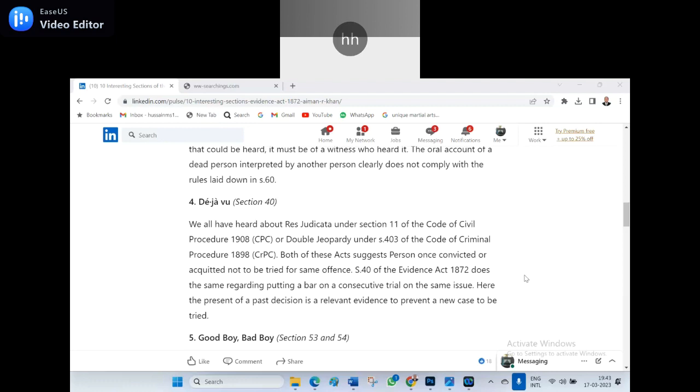What is a paramour? A married woman keeping another person for sex is called a paramour. For a woman we can say concubine.